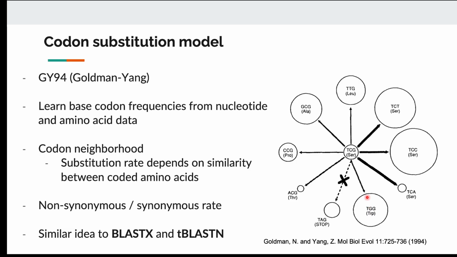But if we have a mutation on the G, on the third position, like G into a C, we still have serine. G into a T, we still have serine. So we can model the mutation at nucleotide level, where each of these mutations can occur with the same probability.